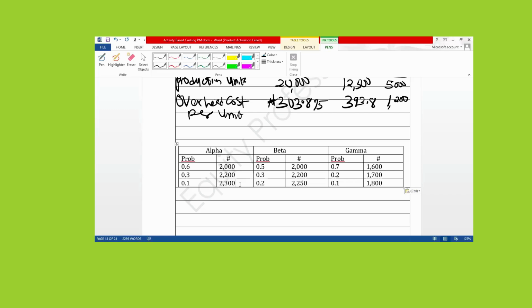Let me explain this again, in another form. If we charge a price of 2,000, 60% we buy alpha. If you charge a price of 2,200, 30% we patronize alpha products.